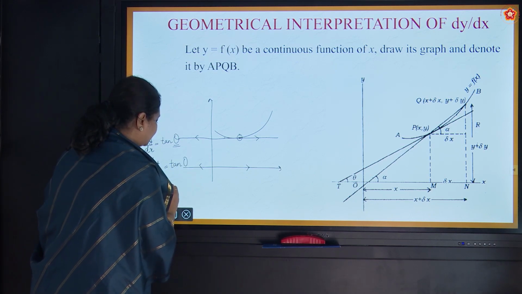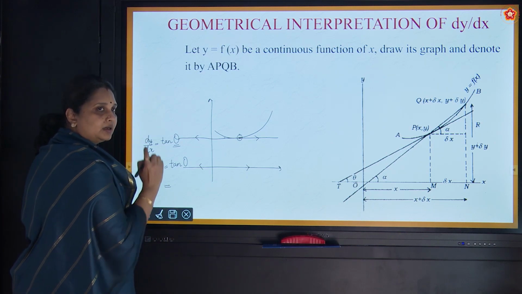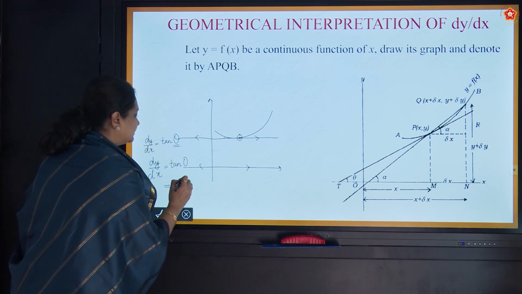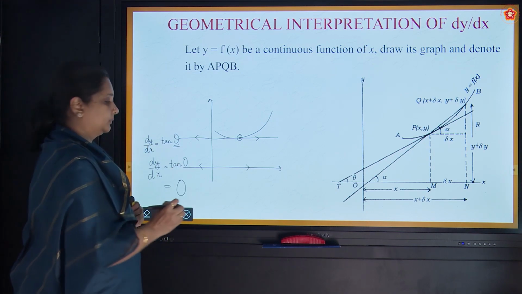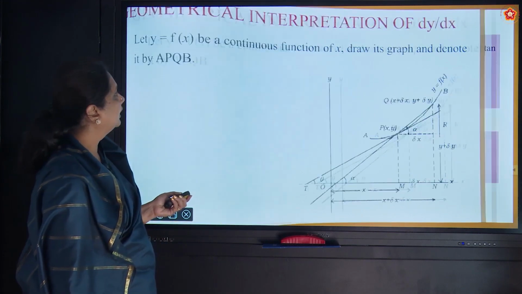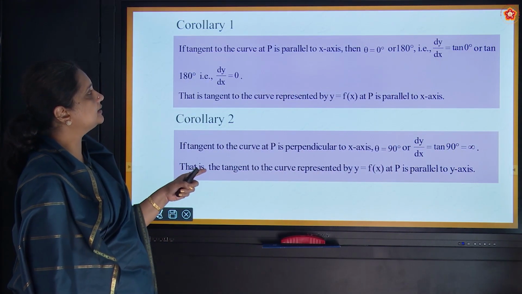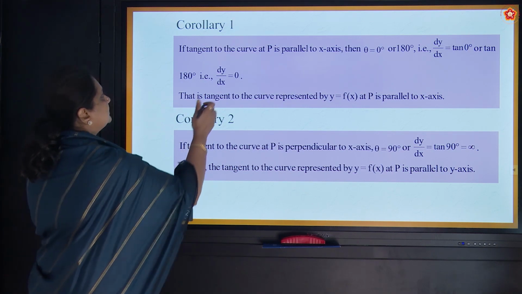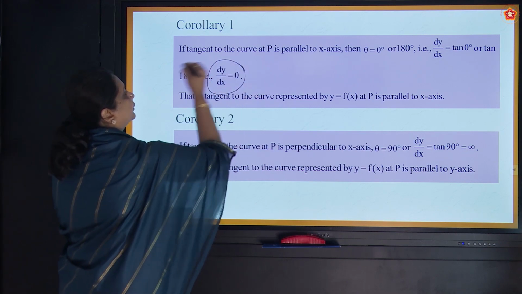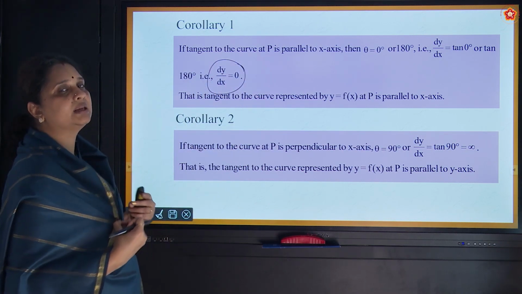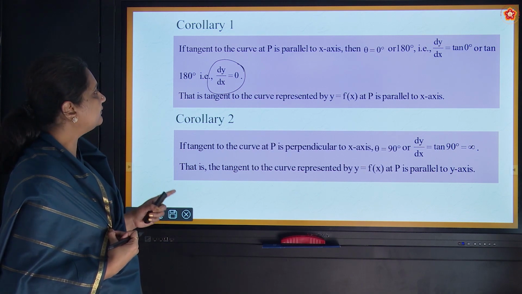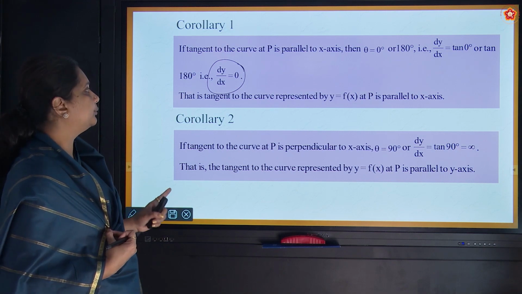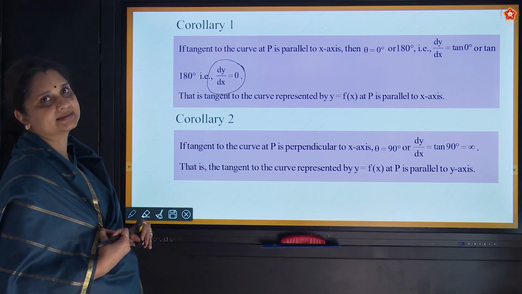What is the value of tan 0? You've learned in trigonometry, the value of tan 0 is going to be 0. Hence, if the tangent to the curve at P is parallel to x-axis, then dy by dx will be equal to 0. So whenever you differentiate any particular function and arrive at the value that its derivative is 0, then it means that the tangent at that point is going to be parallel to the x-axis.